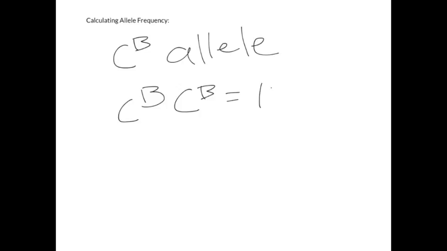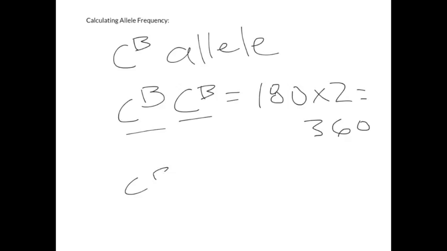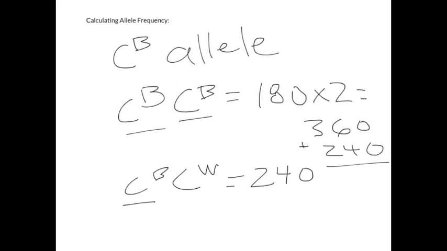Homozygous CB, which there are 180 individuals with that genotype, times 2 is 360 alleles. And then the CB-CW, the heterozygous genotype, contains 240 individuals, each with one of those alleles. So if you add 240 to the 360, that gives us 600 alleles for CB.